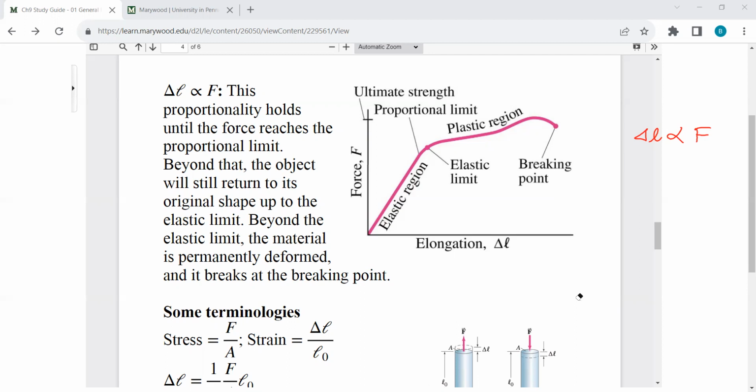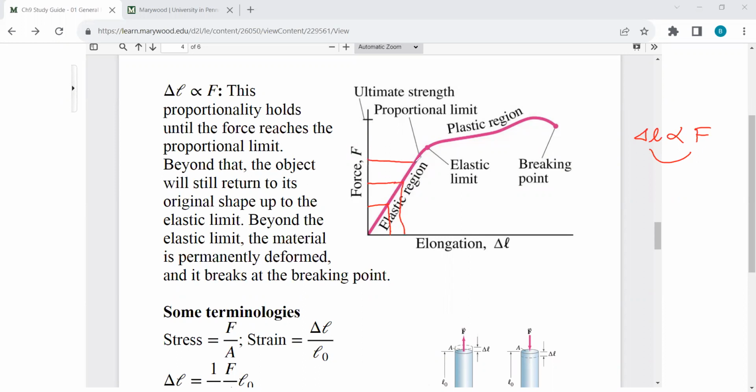If you apply a force on the hook, it extends by some amount, and when you remove this force, it goes back to its original position. So that means F and delta L are proportional to each other. For this force, this is the delta L. For this force, this is the delta L.